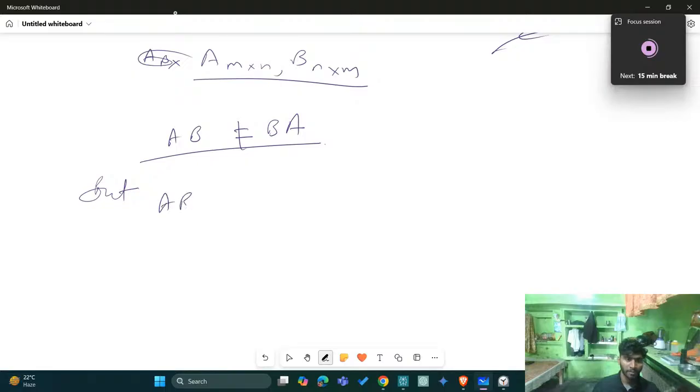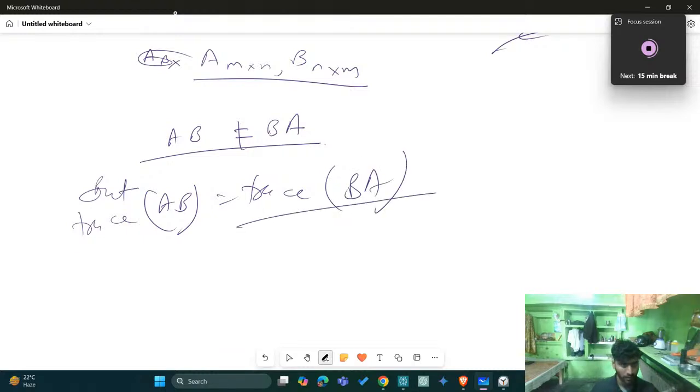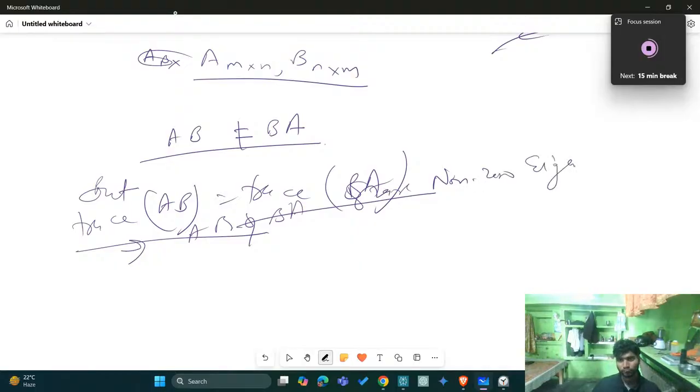But trace of AB is equal to trace of BA. Then we say AB and BA share non-zero eigenvalues, alright?